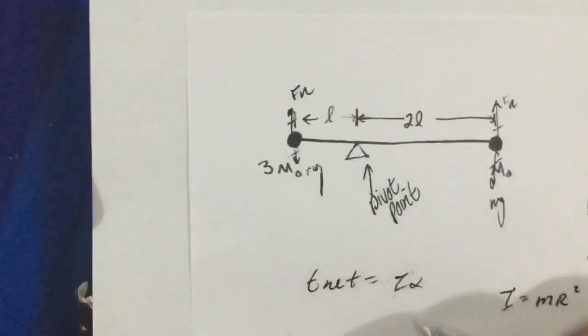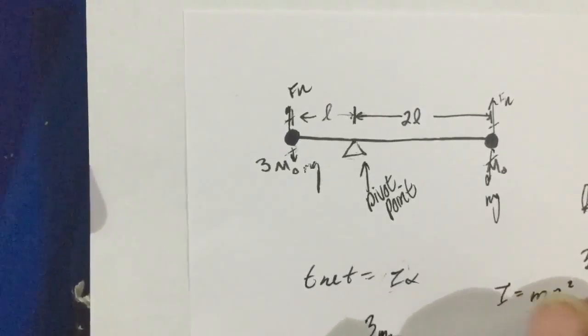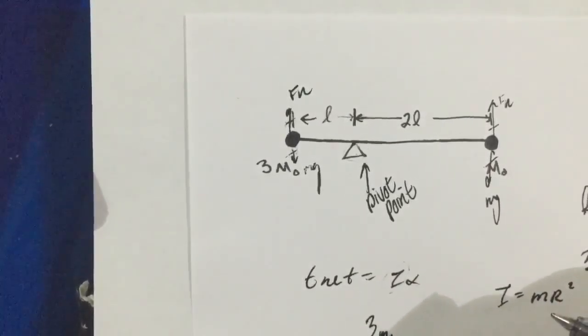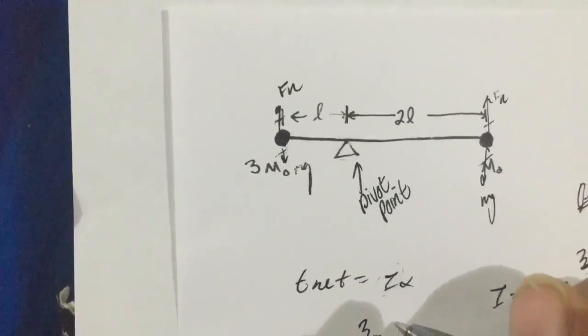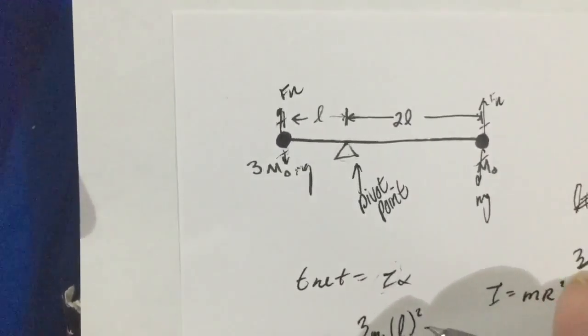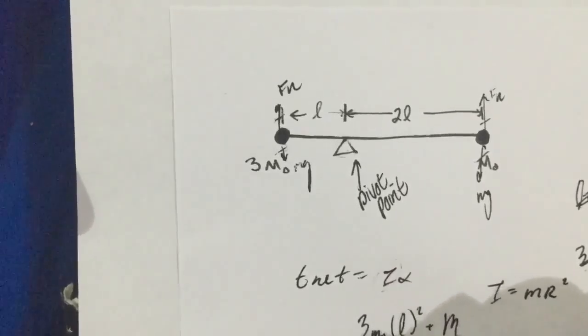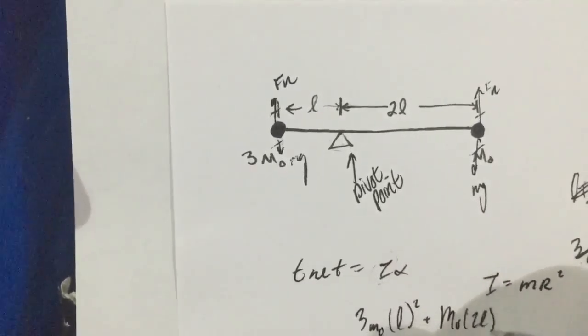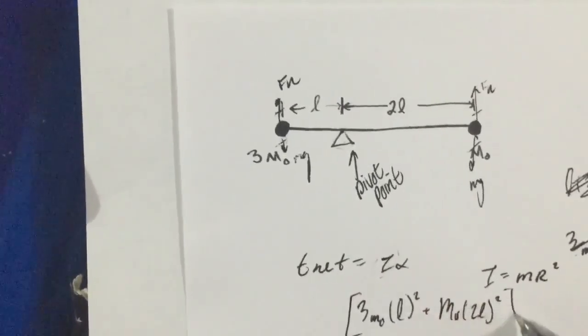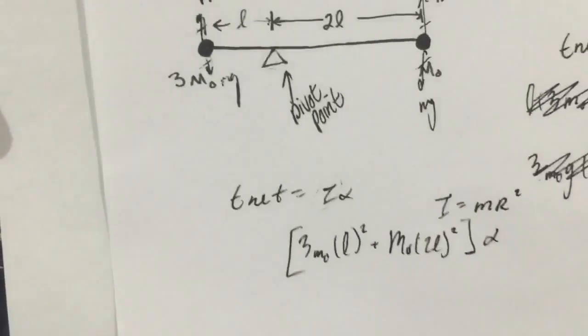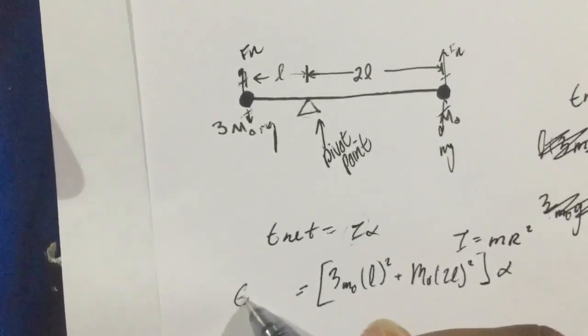So for this side, the mass is 3m times the length L squared, plus m times 2L squared, times the angular acceleration equals T net.